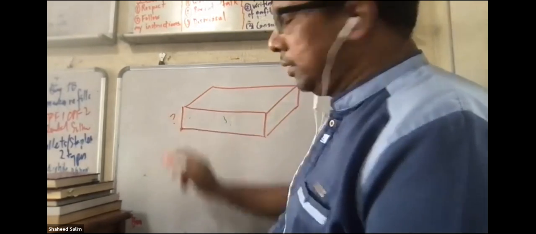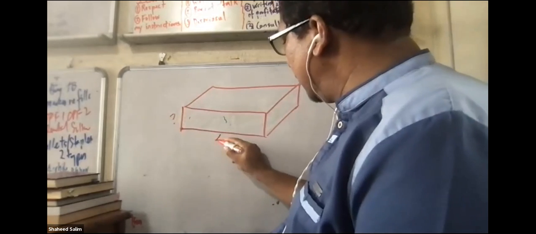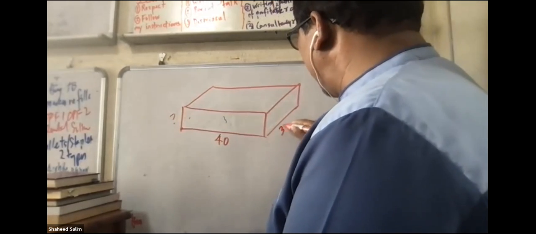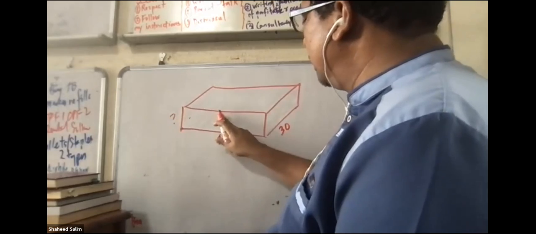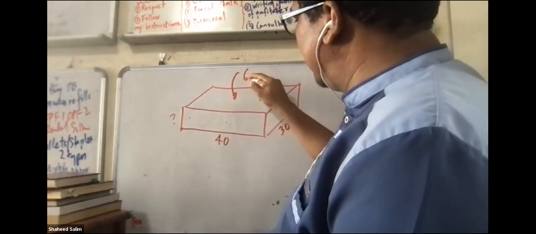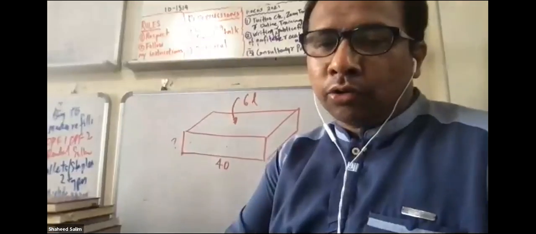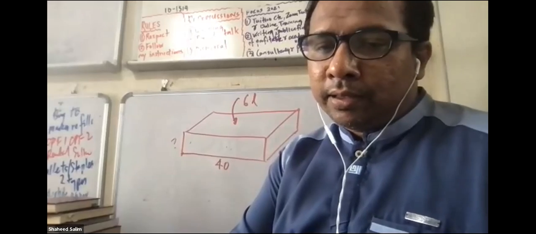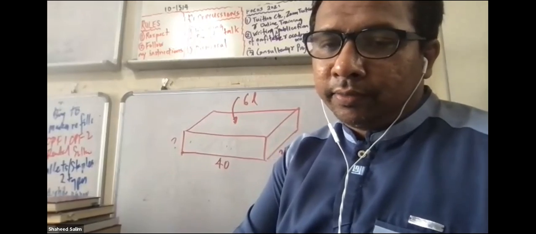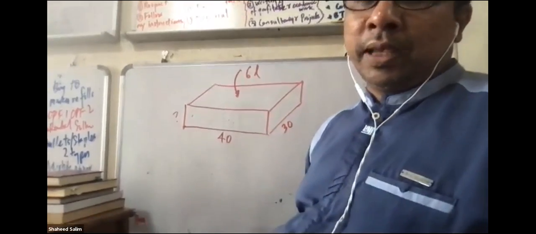I do not know the height. The length is 40 cm, the breadth is 30 cm. The amount of water is 6 liters. Can you first find the height? Okay, you all try this lah. You must be able to do this one now.